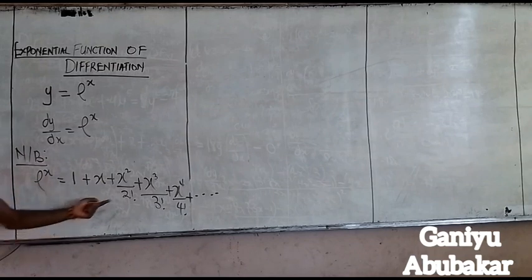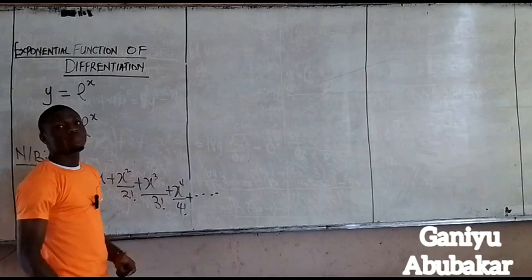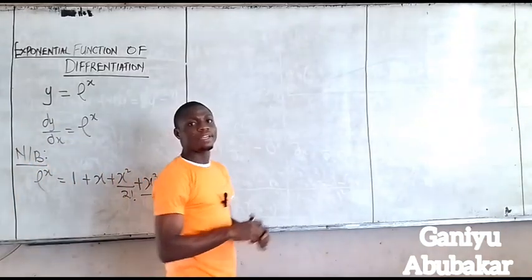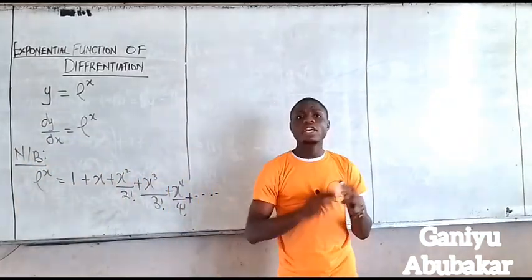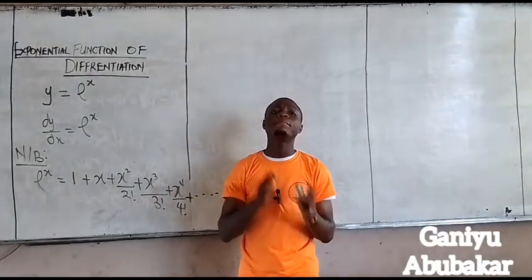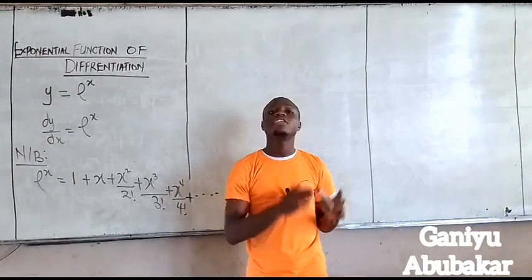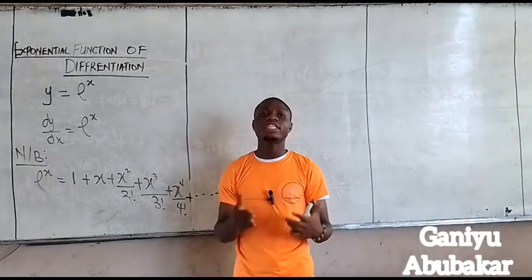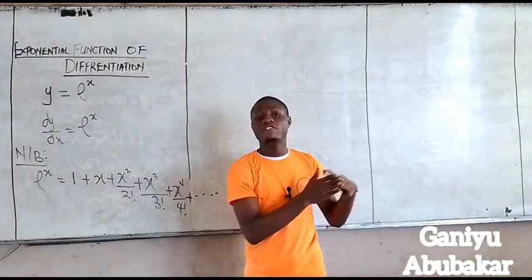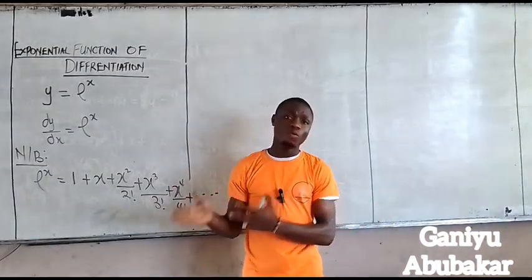Now, we are hearing the word factorial. What is factorial by definition? A factorial is simply the multiplication of consecutive terms in descending order, where each term differs by 1, until 1.